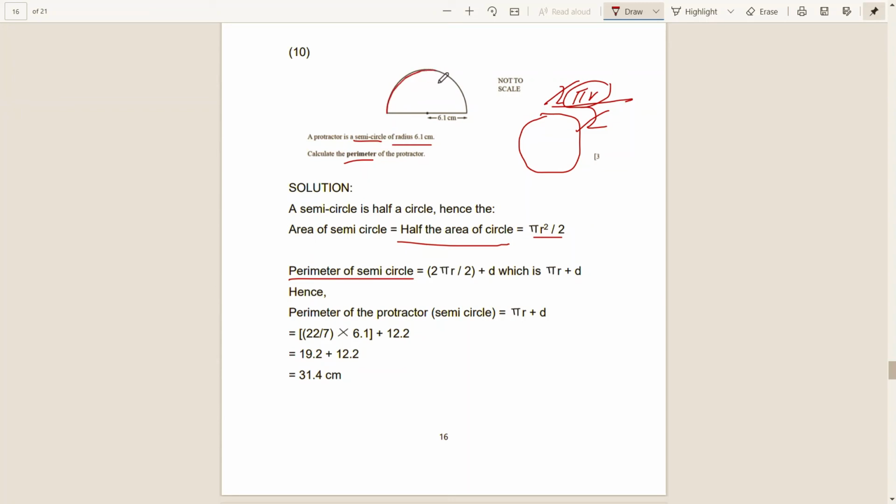This is pi r, arc length, and this is diameter whole because we are adding up the lengths of boundaries. Pi r plus d, right? We know r is 6.1 and we know d is 12.2. The perimeter is 31.4 centimeter. I hope it's clear.